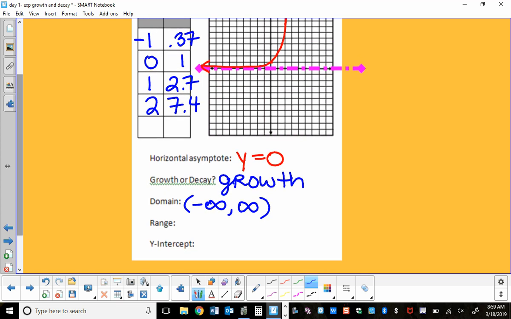My range, from down to up, my graph starts at the asymptote, which is 0, and I'm going all the way up to positive infinity. My y-intercept, I'm looking to where my x is 0, my table, and I have 0, 1.